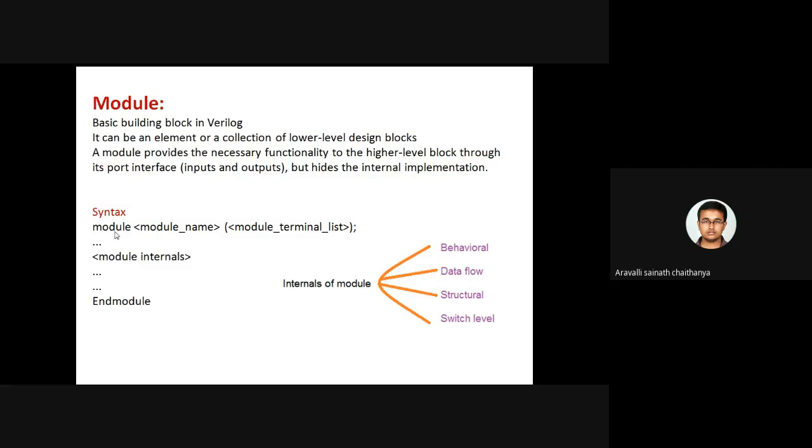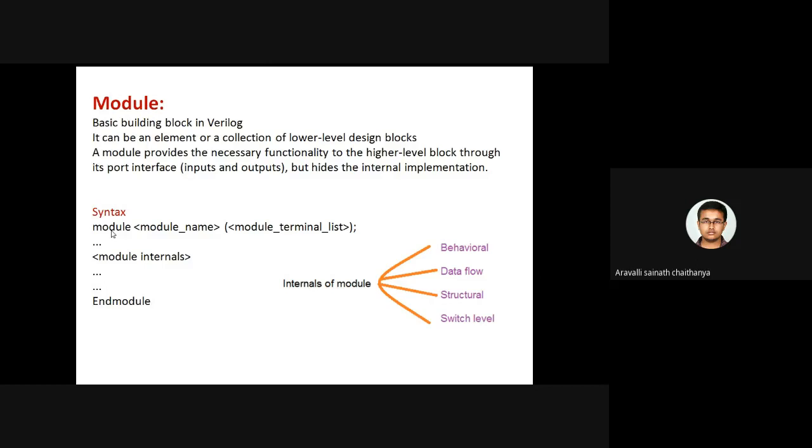A module may be a small element like an OR gate, NOT gate, or a collection of lower level design blocks. Lower level design blocks means, I can consider the T flip-flop as a design block, which is a lower level. A collection of lower level design blocks is a ripple carry counter. That means the ripple carry counter is also a module here. So the module name is a must.